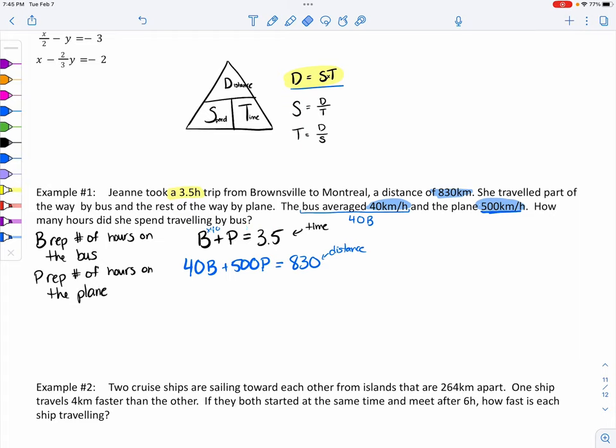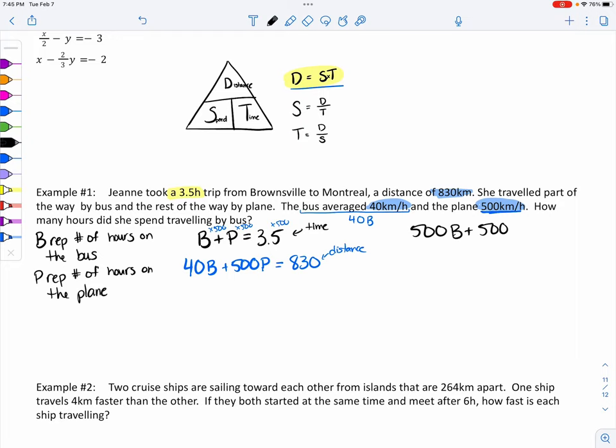Instead of doing this, I want to eliminate the p's. If I can eliminate the p's, then I can solve for b a lot easier. Again, you do not have to recognize this, and if you don't, that's absolutely okay.